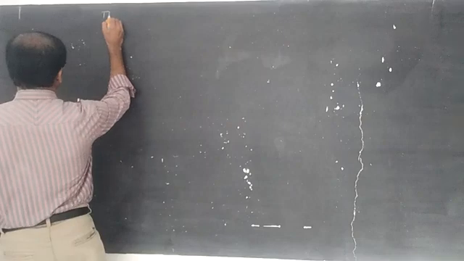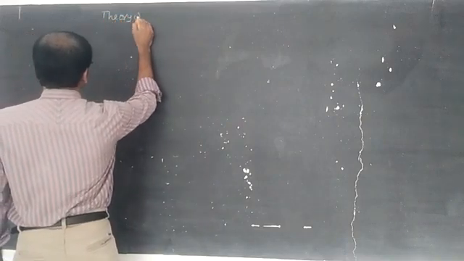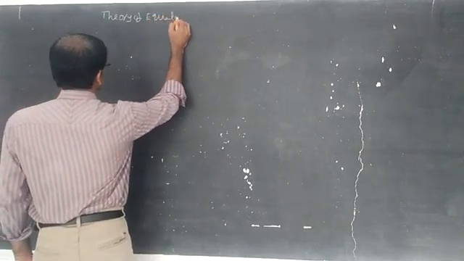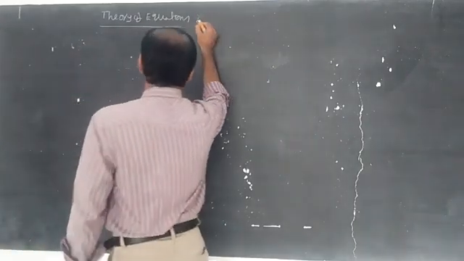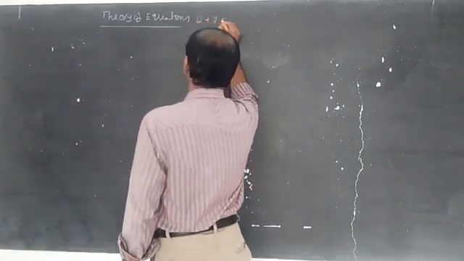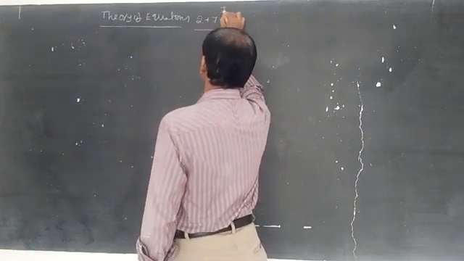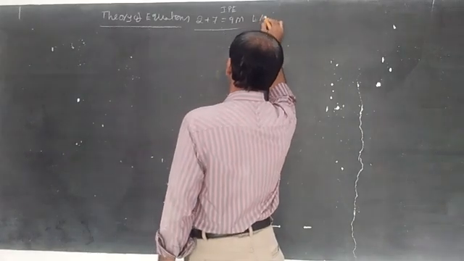The chapter name is Theory of Equations, that is Maths 2A only. According to IPE weightage 2 plus 7, this is 9 marks weightage.